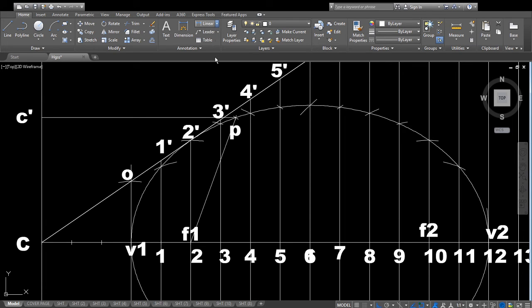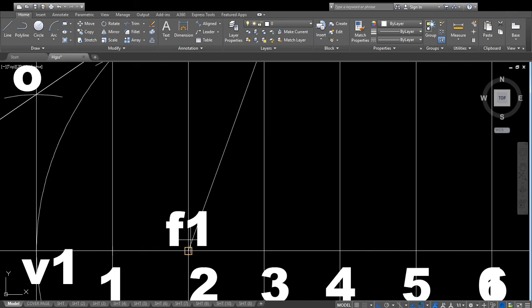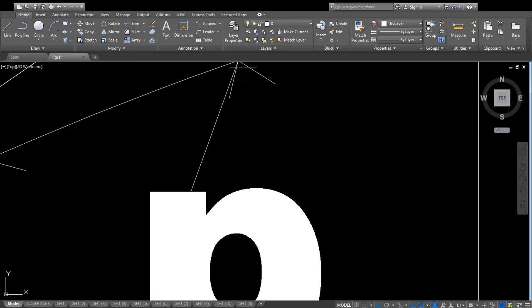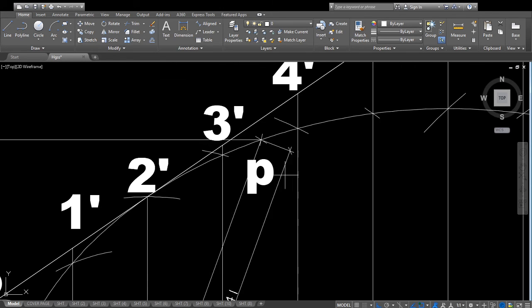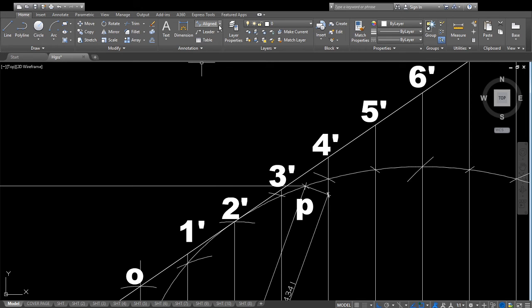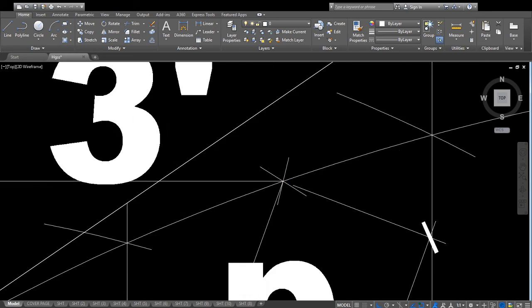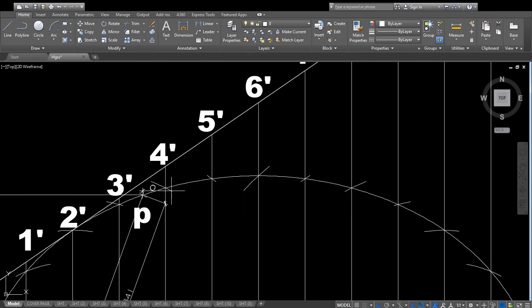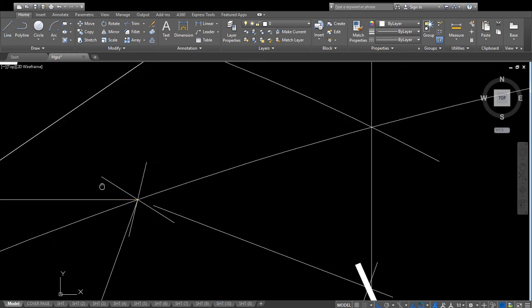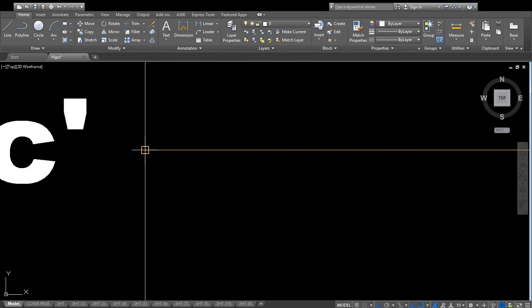Let's take this measurement. P to F is what? It is 4341, and P to C prime is what?